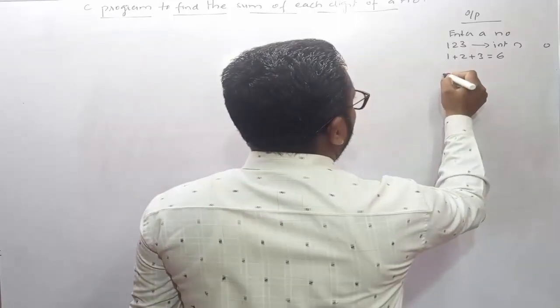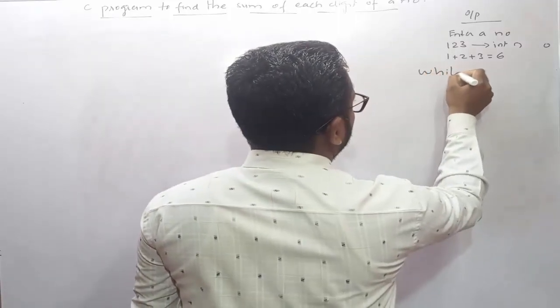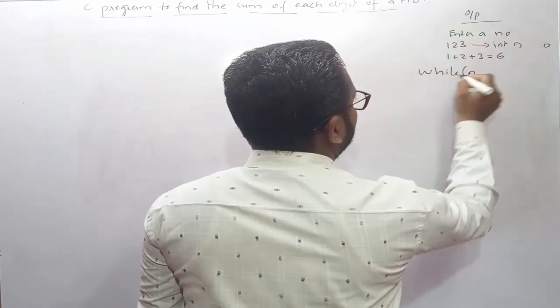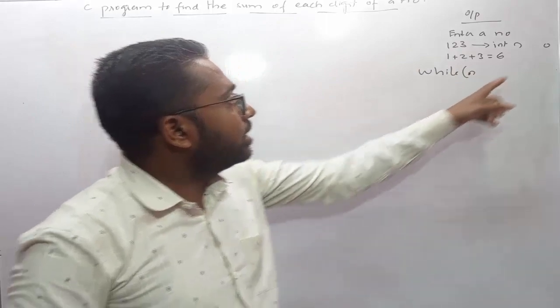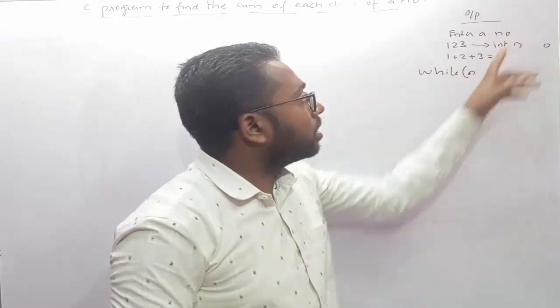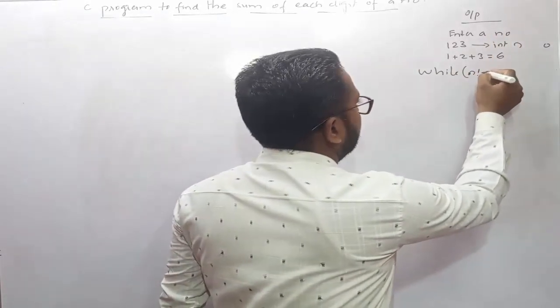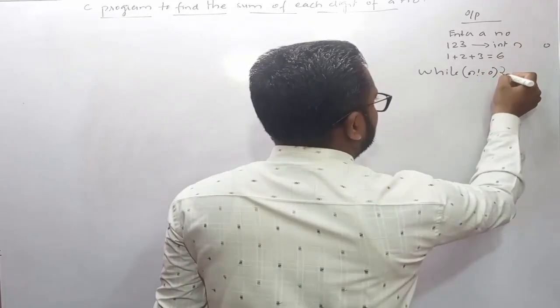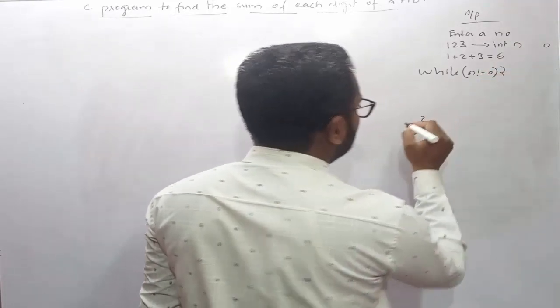So I will use while and then n. I need to run this while loop until the value of n becomes 0, so n is not equal to 0. And then curly brackets, open and close.